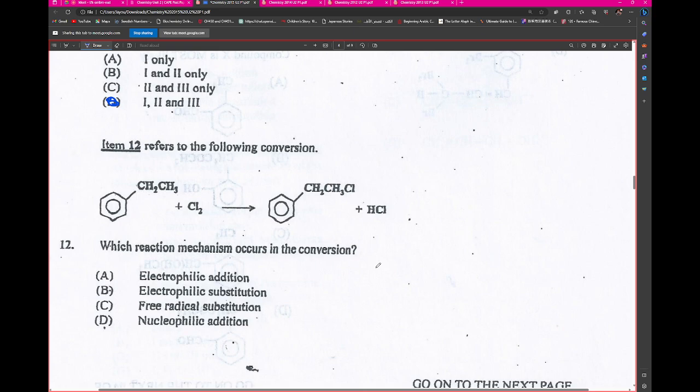This was a question I was having issues with because I'm not seeing where anything is being substituted. I'm not seeing any atom or any groups of atoms being replaced. I'm just seeing the same CH2, CH3, but with an addition of chlorine. I think it's all wrong. Have you seen this question repeated? Yeah, I think so.